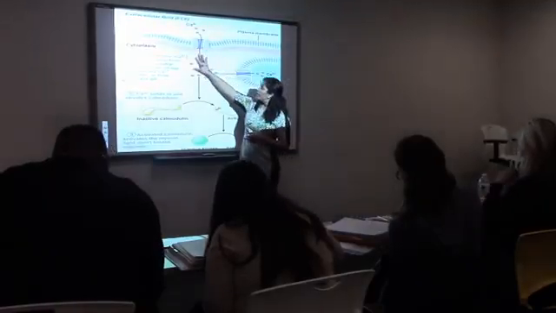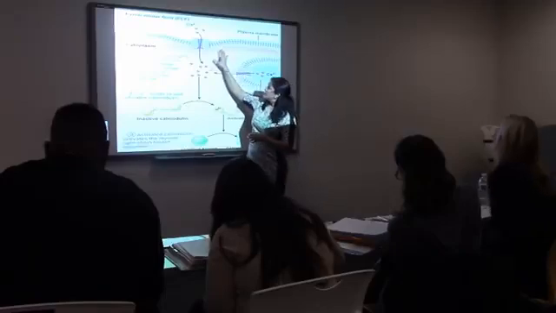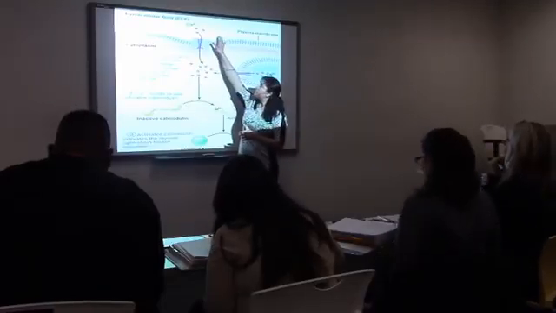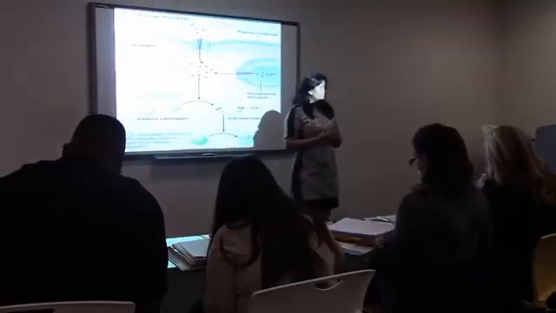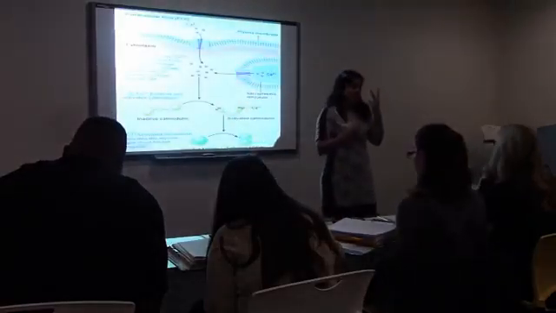So here is the muscle cell. This is the smooth muscle cell. This is the plasma membrane. On the smooth muscle plasma membrane, we have 2 types of calcium channels.